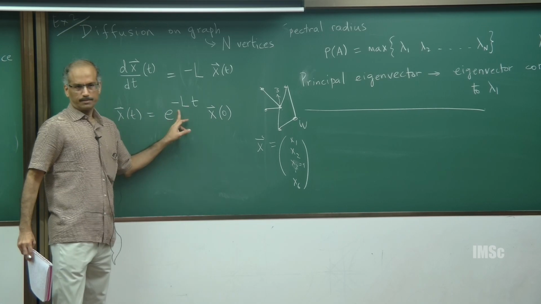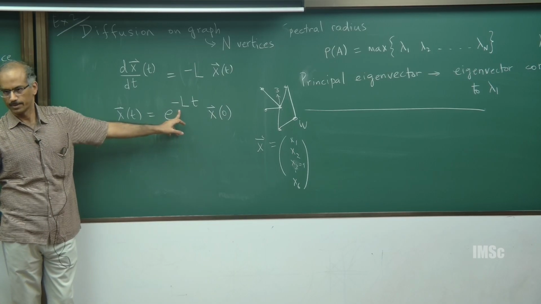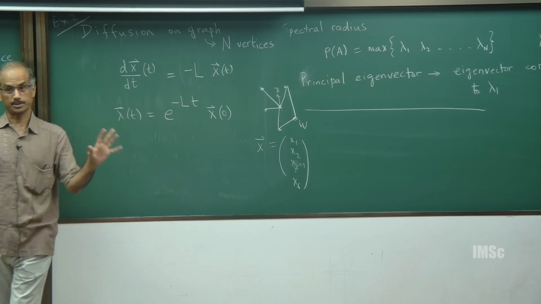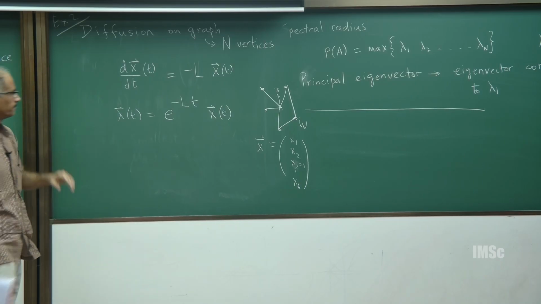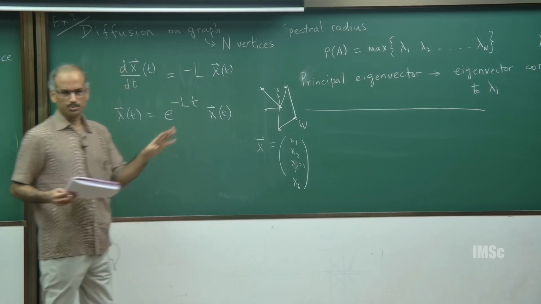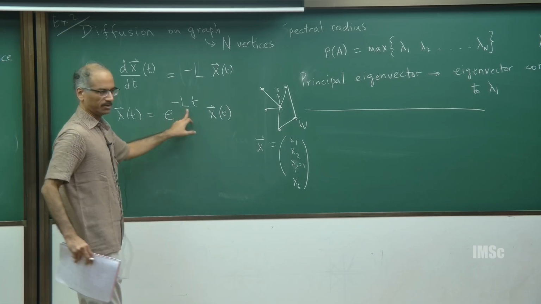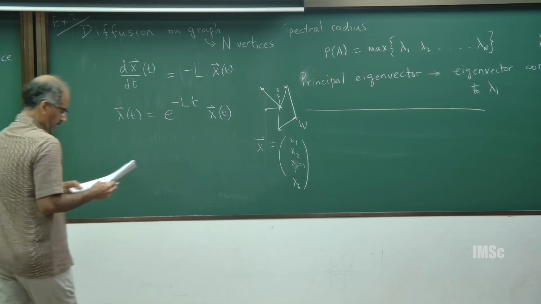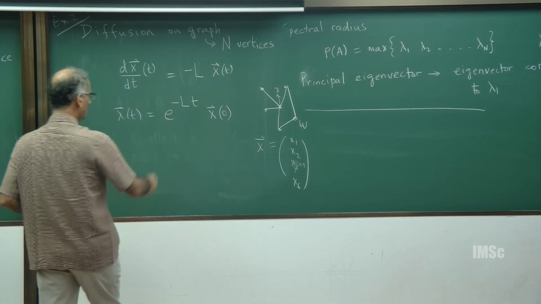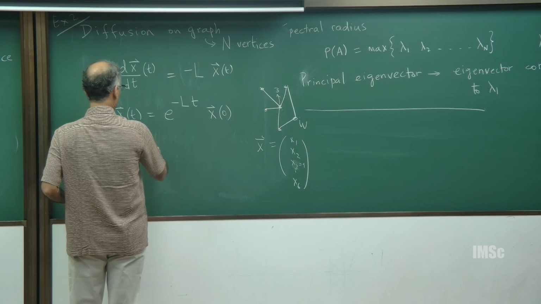Remember that this L is a matrix, not a number, so you need to compute the exponential of a matrix. I am not going to do that; there are easy techniques to compute the exponential of a matrix.